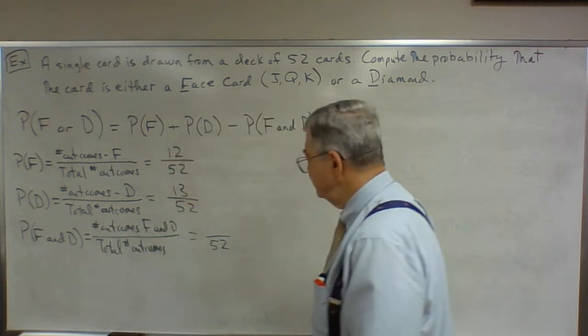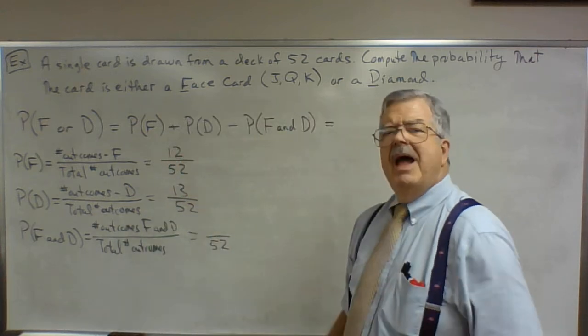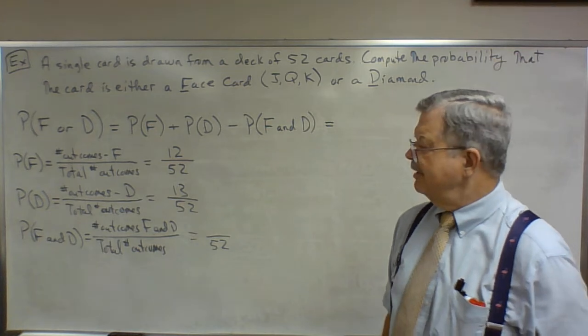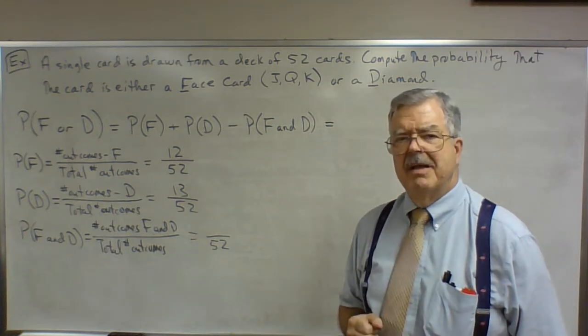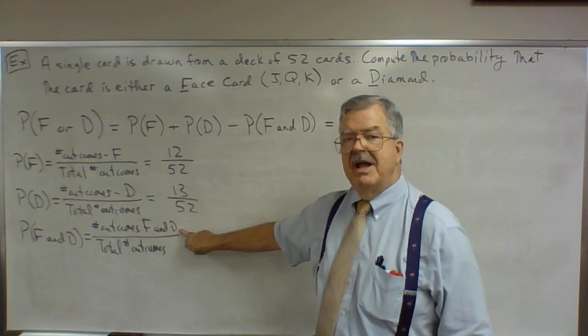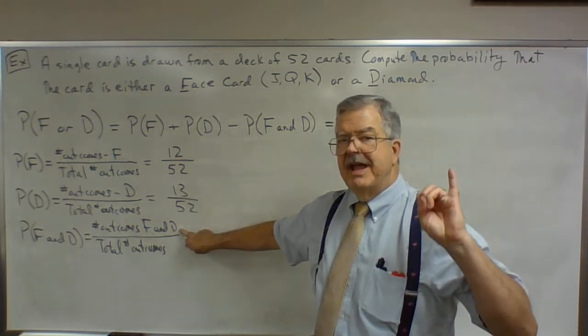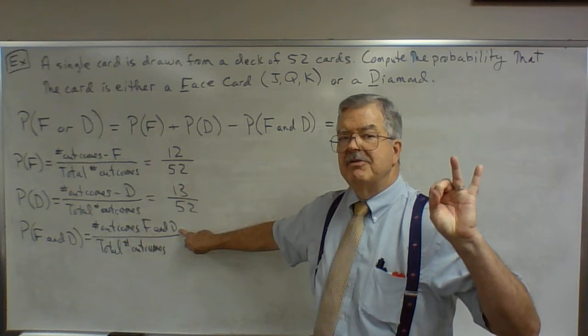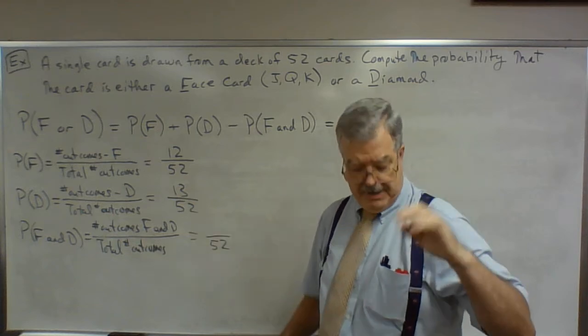Total number of outcomes is 52. How many outcomes result in a face card and a diamond? Well, how many diamonds are face cards? There's the jack of diamonds, the queen of diamonds, the king of diamonds. That's 3.